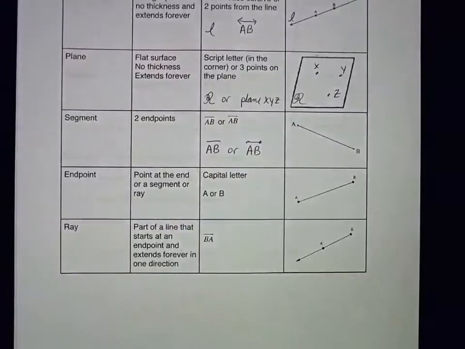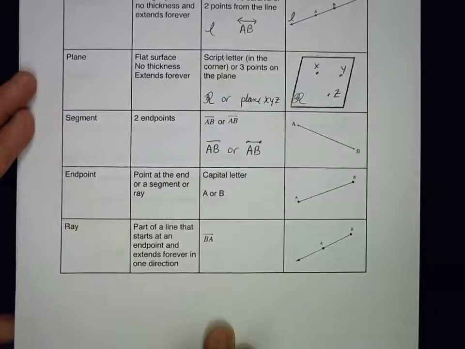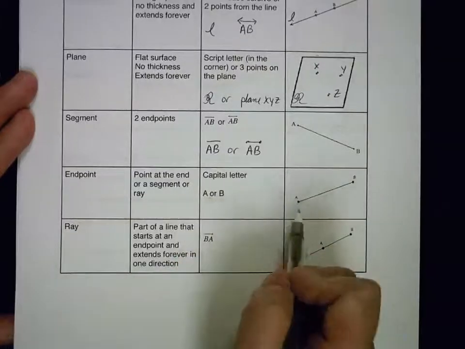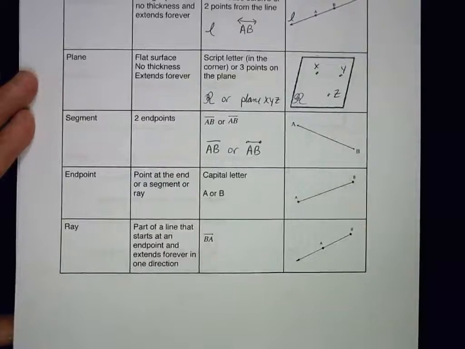And I will tell you, I usually go with the first one. I don't usually put those endpoints on there. An endpoint is just a point at the end of the ray or the segment. And since it's a point, it's going to be named with a capital letter. This is endpoint A. This is endpoint B.